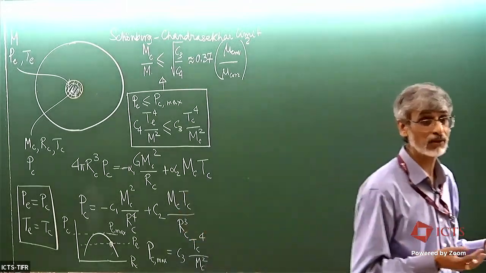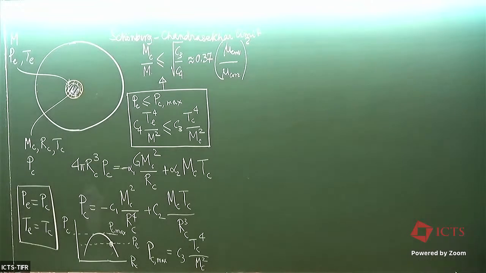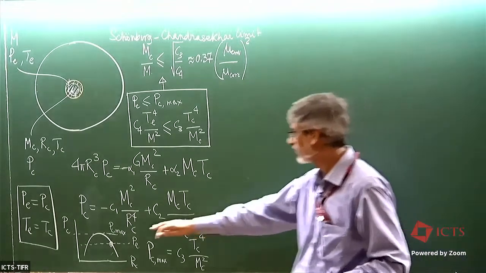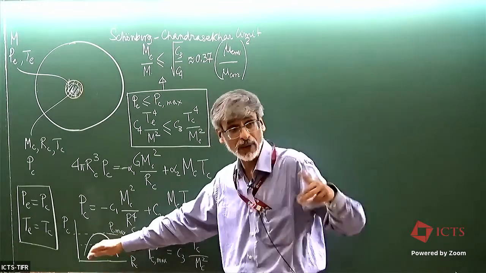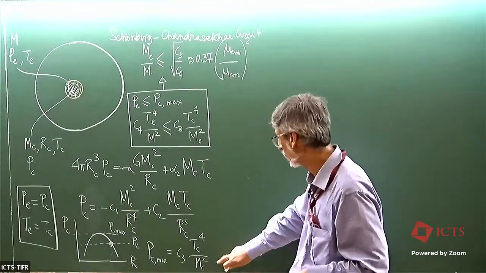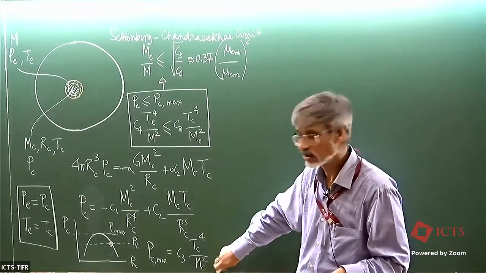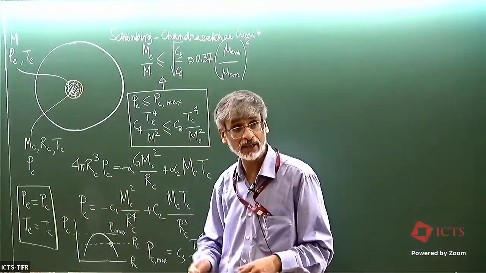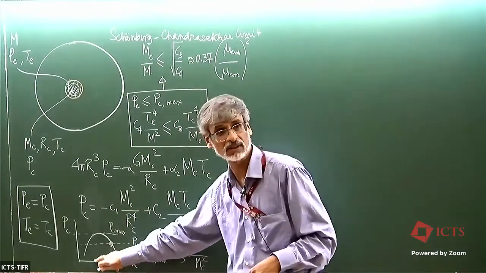It could be larger than 3 solar mass, depending on how much envelope matter is present. So that thermally supported core will collapse only when the PC max, as you add mass to the core, the PC max is going to go down because PC max is proportional to 1 by MC squared. More and more matter added to the core is going to reduce this.